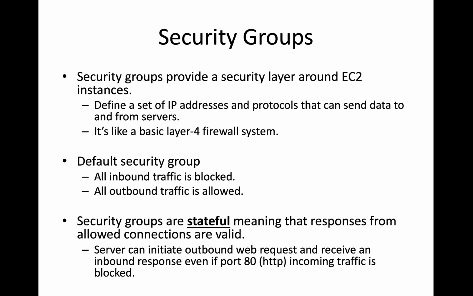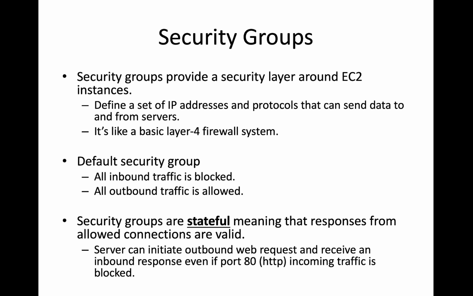When we create EC2 instances, oftentimes we're creating multiple EC2 instances within our account. And we want to be able to control how those EC2 instances are accessed. In a traditional environment, if we were to provision a physical server on our network, we might configure a firewall system.